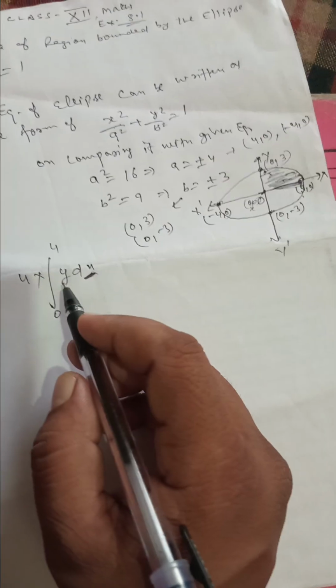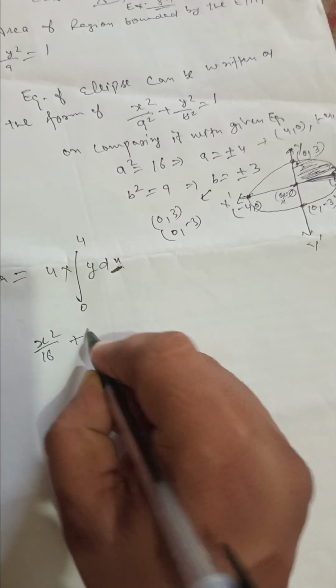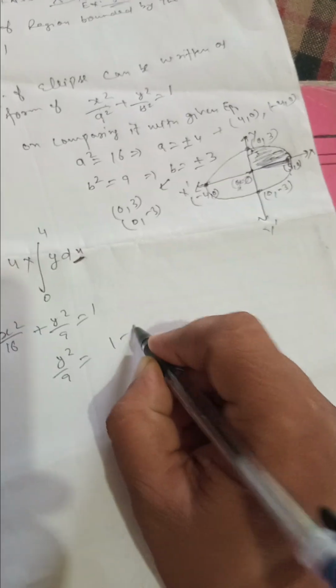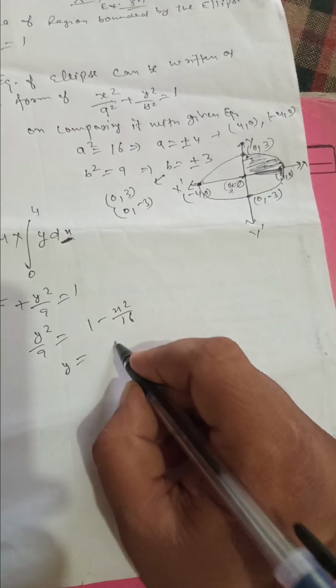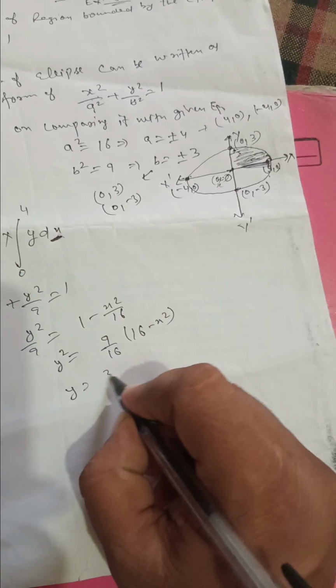So here we will find the value of y from the given equation x square over 16 plus y square over 9 equal to 1. y square over 9 equal to 1 minus x square over 16. So y equal to the square root of 9 by 16 into 16 minus x square. So y is equal to 3 by 4 times the square root of 16 minus x square.